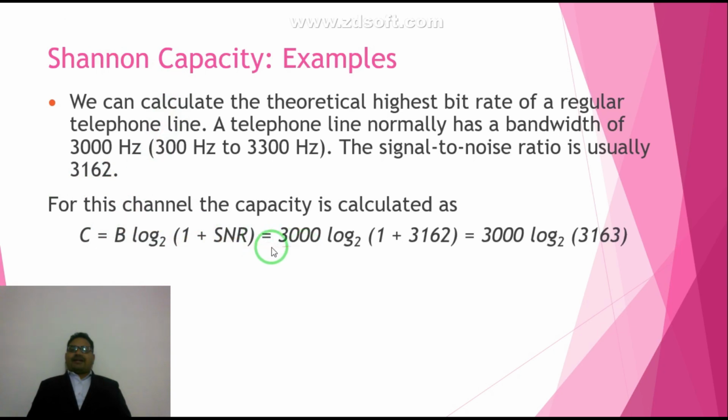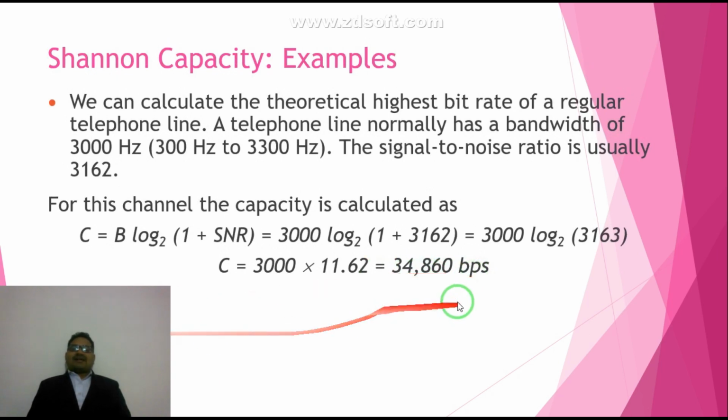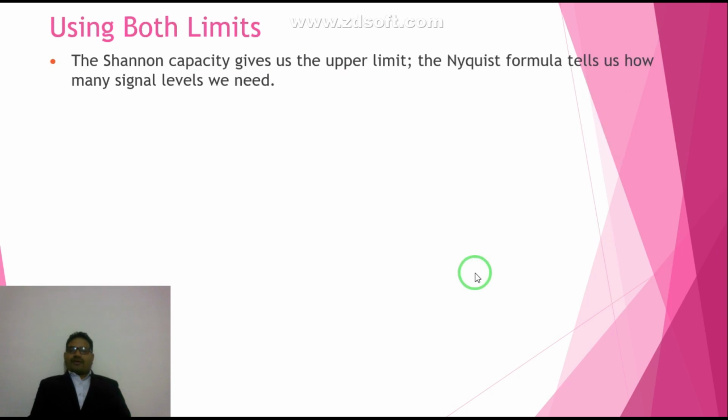Bandwidth is 3000 as given, and signal to noise ratio is 3162. So 3162 plus 1 is 3163. So what is the answer? That is 3000 into log of 3163, that is 11.62, which gives 34860 bits per second. It is the highest bit rate of a regular telephone line, that is 34.86 kbps, kilobits per second.